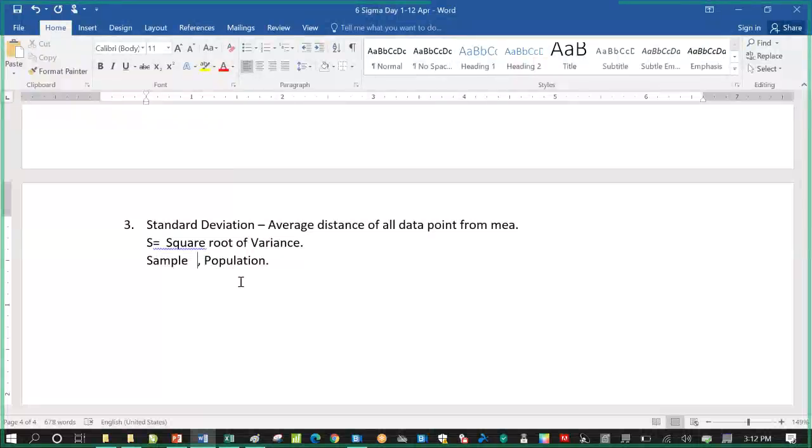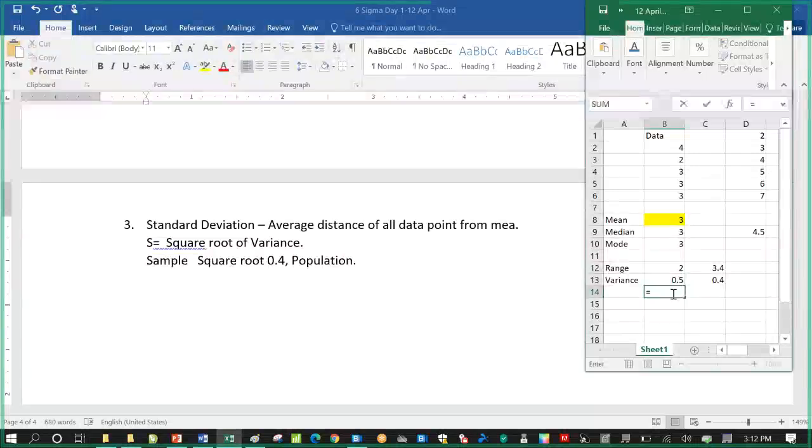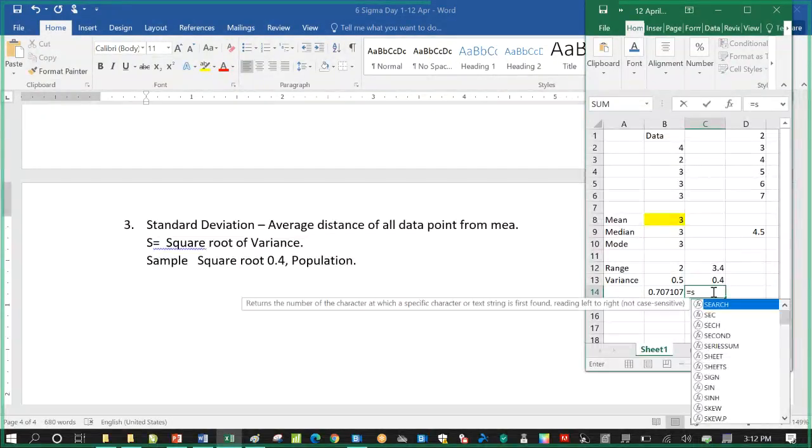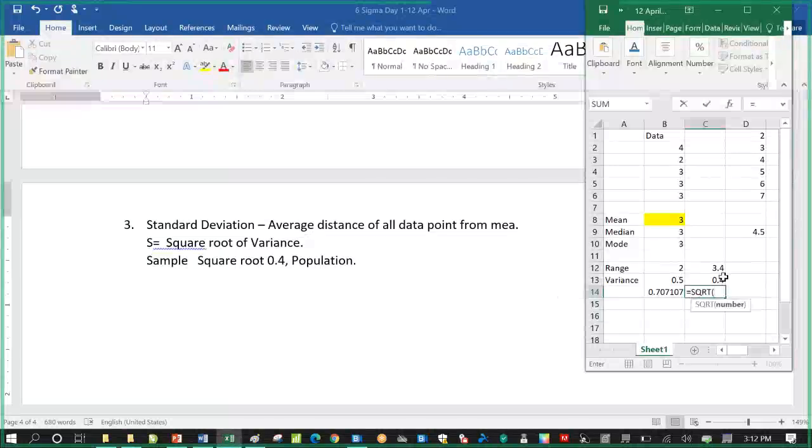So when you put a square root of 0.4, that will be the sample standard deviation, equal to SQRT, meaning square root, and it becomes 0.70. And if I want to check for population, again, the square root of 0.63. Okay.